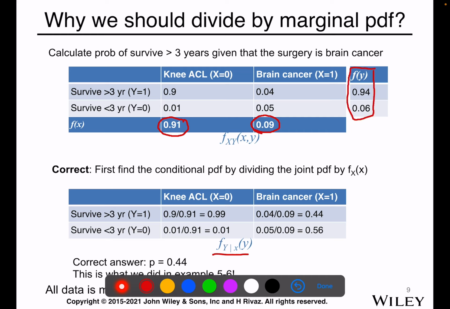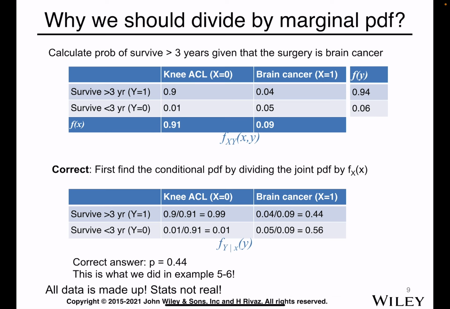So given that it's a brain cancer surgery, I have to divide by f of x. So f of x here is 0.09, and this is 0.04, so the answer is 0.44, right?